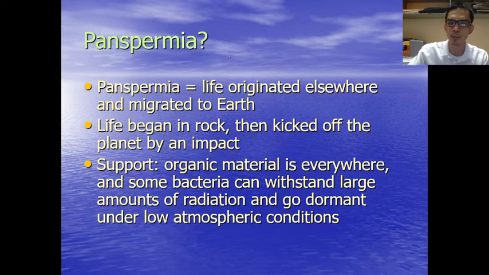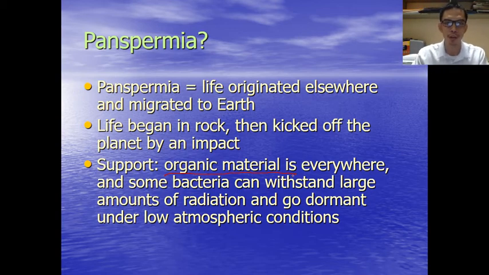It is supported by some organic material that is found in asteroids and other stuff outside Earth, like carbohydrates and some sort of proteins that are fossilized or stuck in an asteroid or comets.